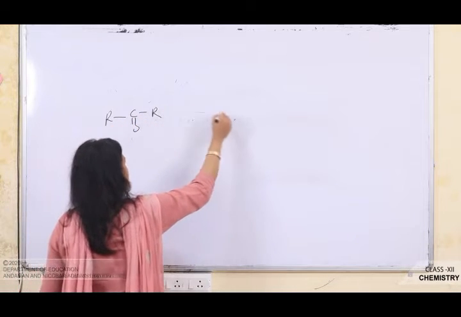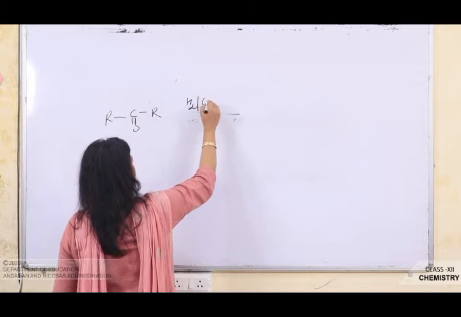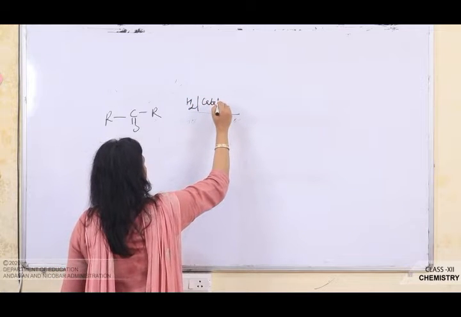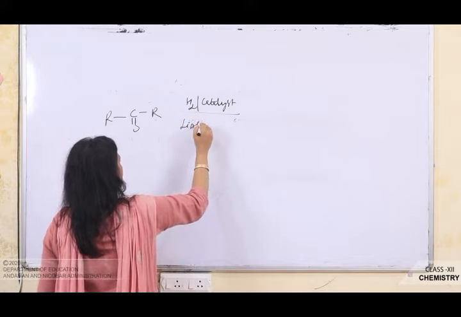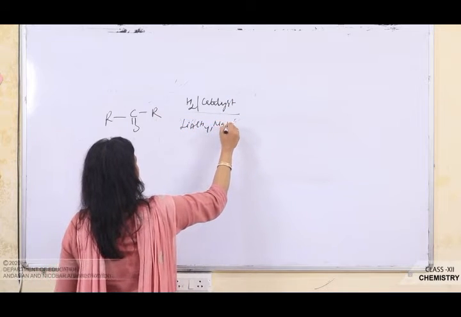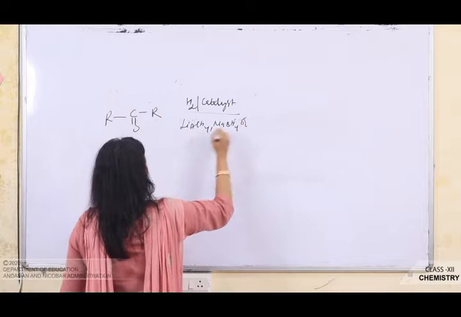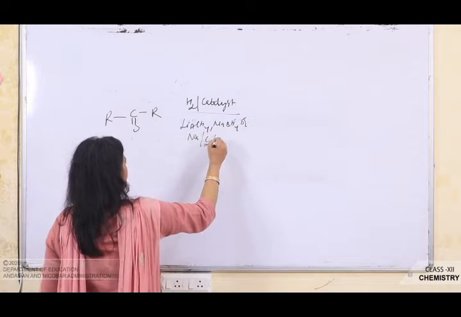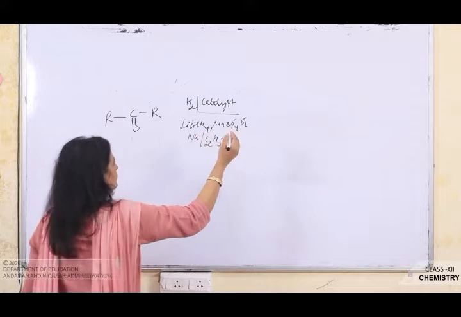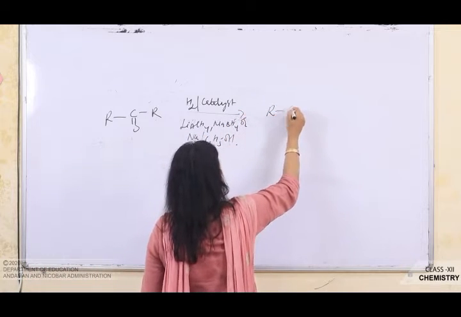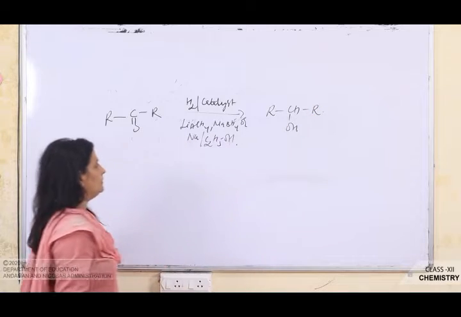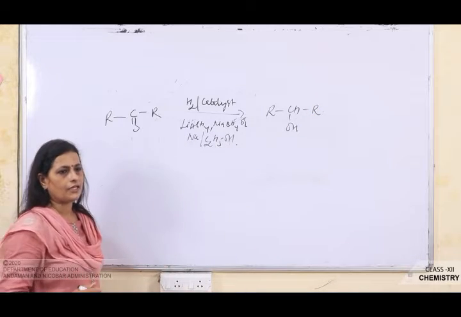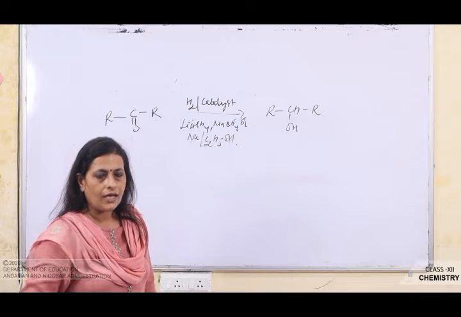The reagents used are the same: hydrogen in presence of catalyst, or lithium aluminum hydride, sodium borohydride, or sodium in presence of ethanol. You can use any one of these. So you will get what? A secondary alcohol, CHOHR. So is it clear? So aldehydes and ketones on reduction you are getting corresponding primary and secondary alcohol.